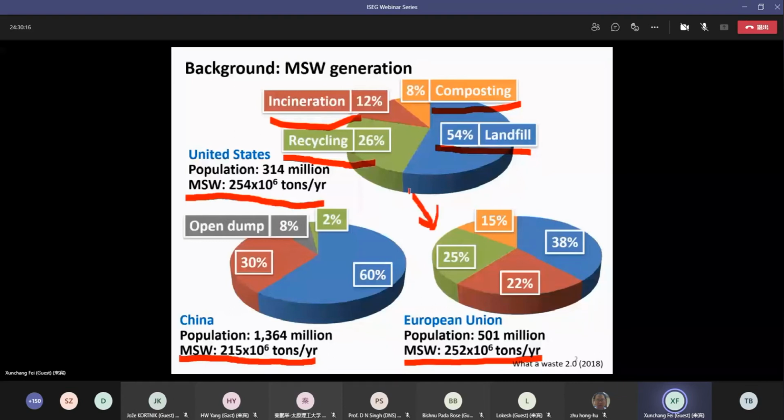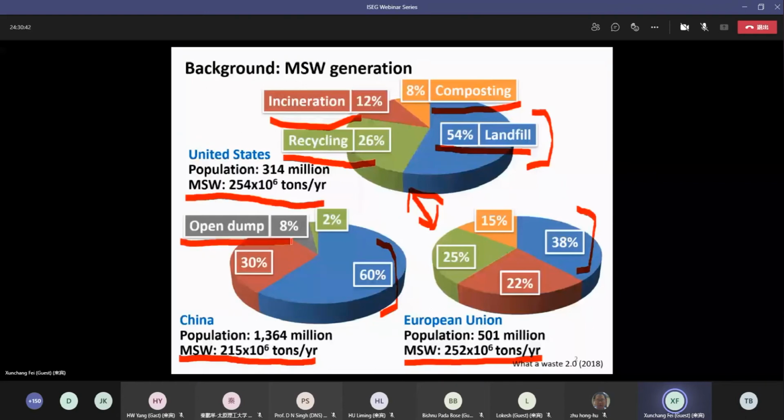So more of the waste is actually incinerated or recycled, but still a significant amount of the waste is landfilled, as you can see here in the US, in the European Union, around 40%. In China, we have around 60% of the solid waste that is disposed of in so-called sanitary landfills, and around 8% of the waste goes to dump sites. These are less controlled landfills.